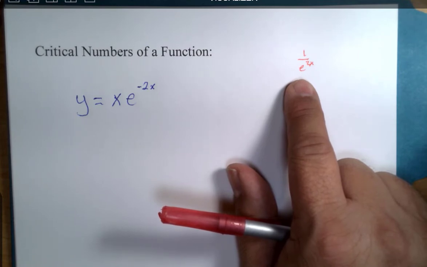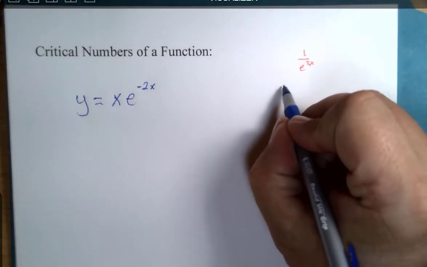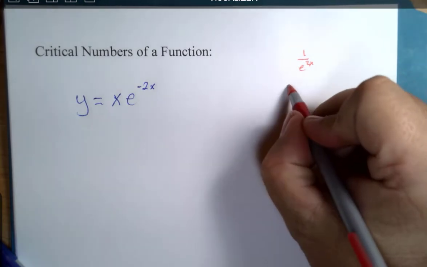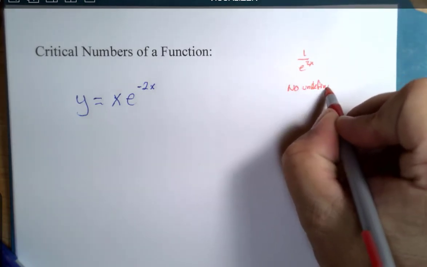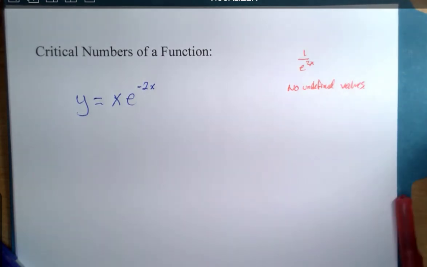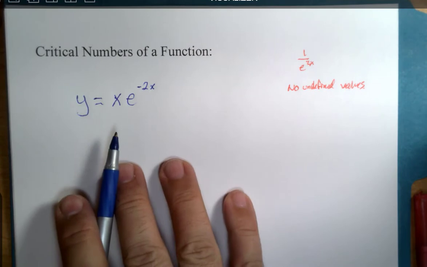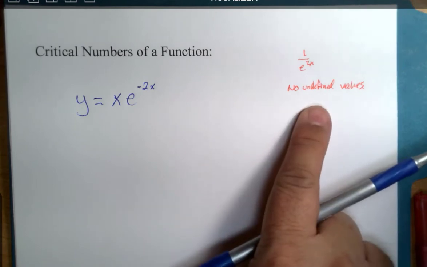If we know our graph of e to the x, we know it never touches the ground. So, no undefined values.